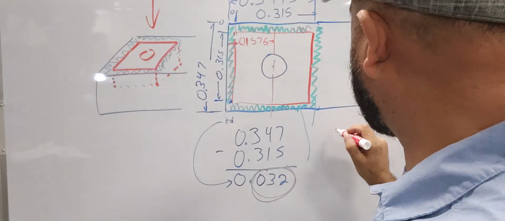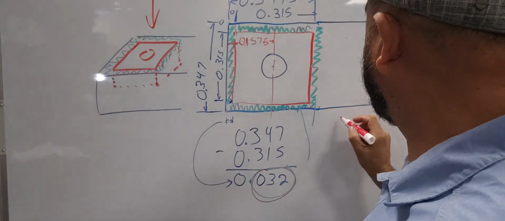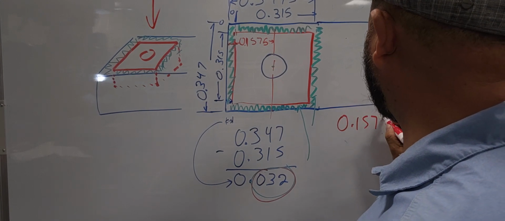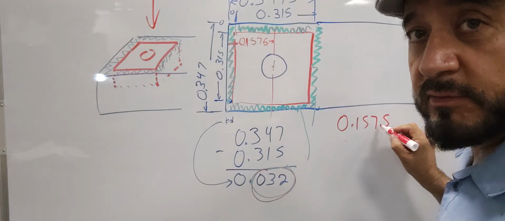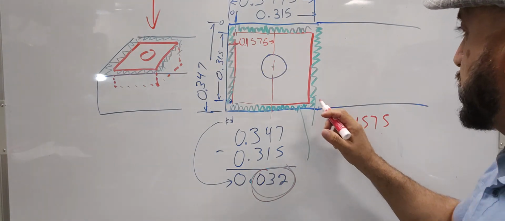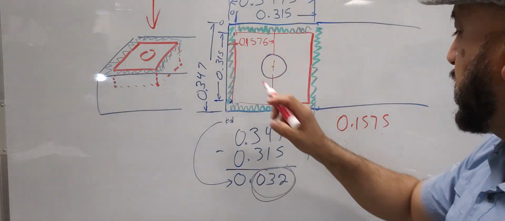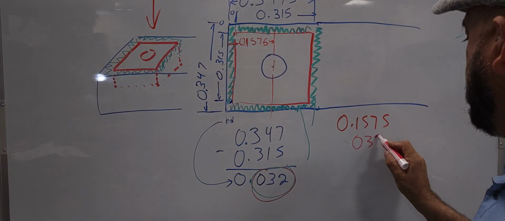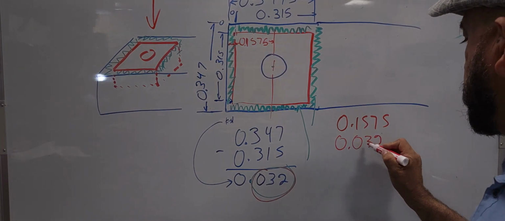Let's do the math right here. 0.1575, 157 thousandths, 5/10 thousandths, which is that distance, and then that extra distance, which is 32 thousandths. 0.032.